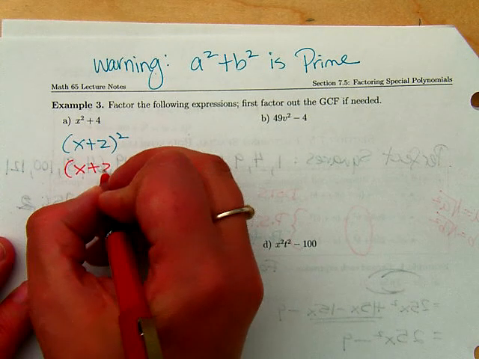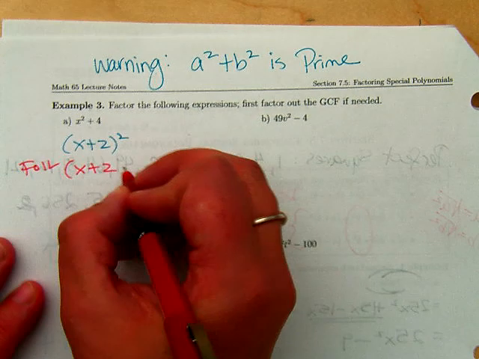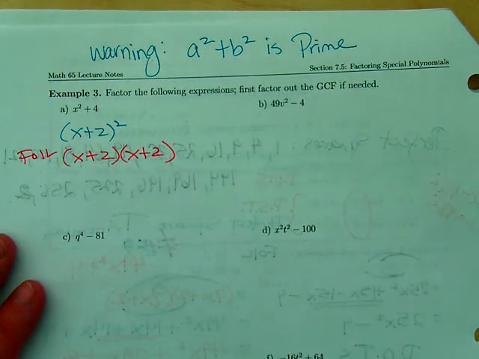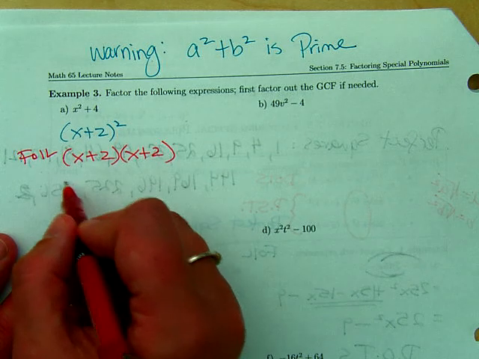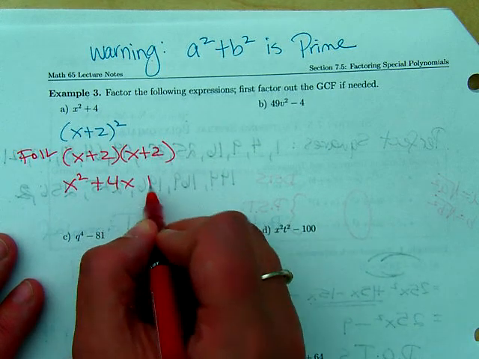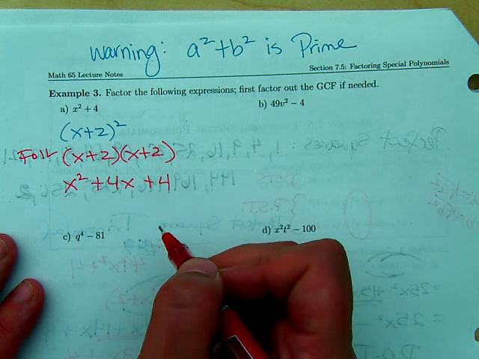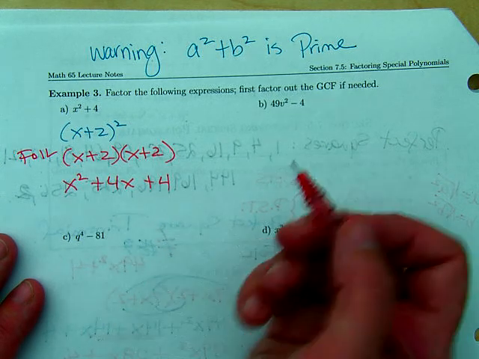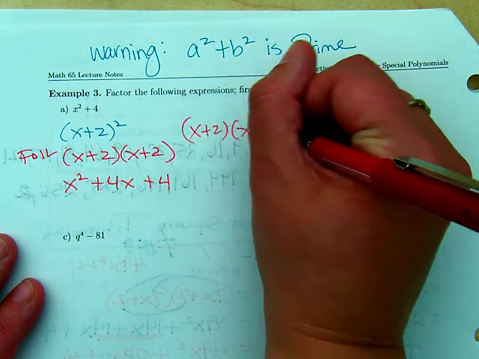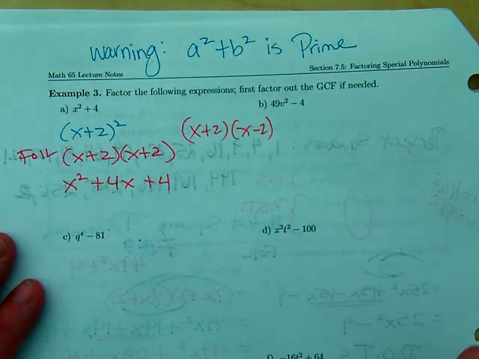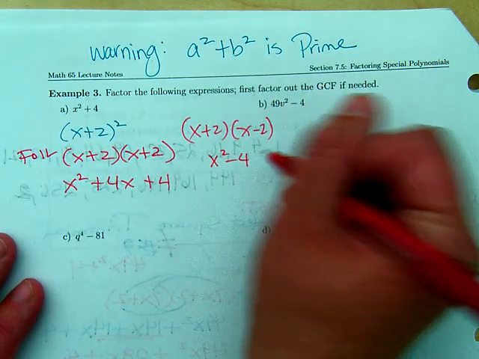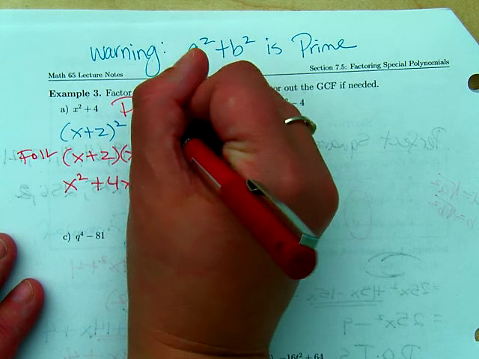X plus 2 times x plus 2 would be x squared plus 4x plus 4. But if you did x plus 2 times x minus 2, what would you get if you FOILed that? You'd have x squared minus 4. So this one, guys, is prime.